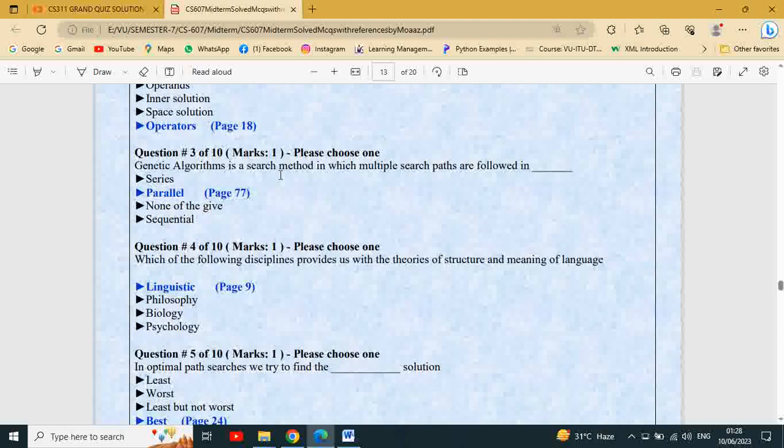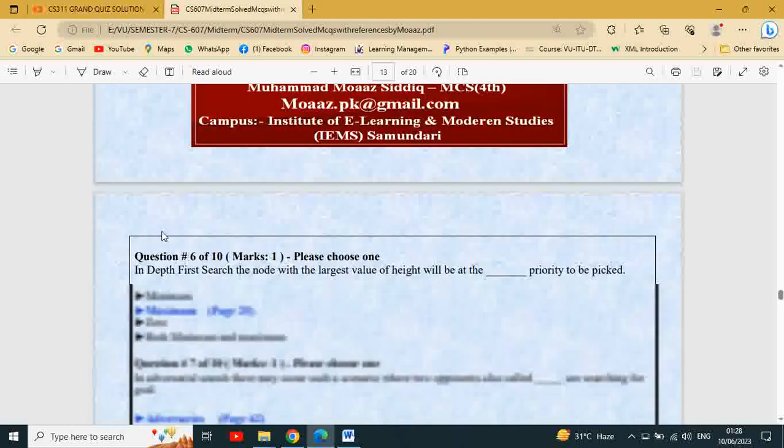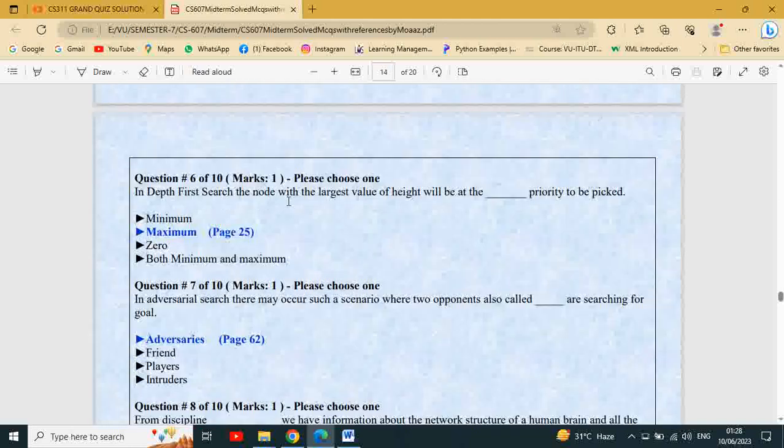Genetic algorithm is a search method in which multiple search paths are followed in parallel. Which of the following disciplines provides us with theories of structure and meanings of language? Linguistics. In optimal path searches, we try to find the best solution. In depth first search, the node with the largest value of height will be at the maximum priority to be picked.